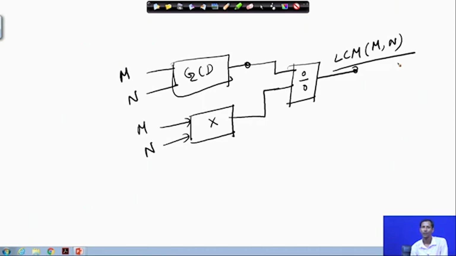Understood? I have to start with this GCD, and then I can find the LCM by using this logic.